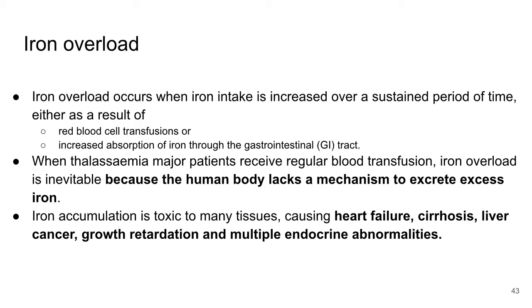When thalassemia major patients receive regular blood transfusion, iron overload is inevitable because the human body lacks a mechanism to excrete excess iron. Iron accumulation is toxic to many tissues, causing heart failure, cirrhosis, liver cancer, growth retardation, and multiple endocrine abnormalities.